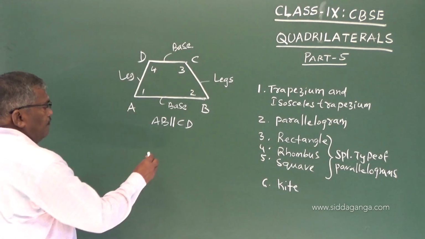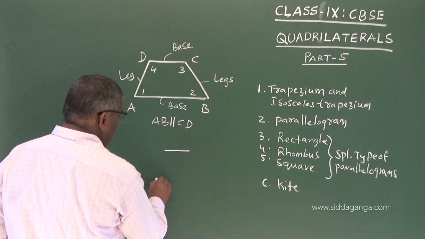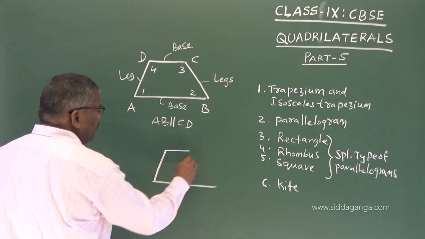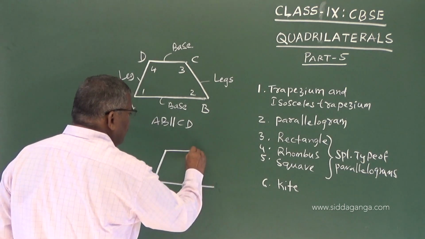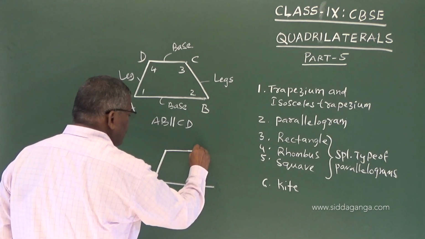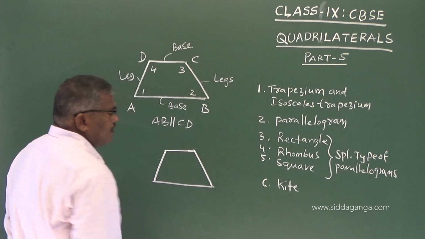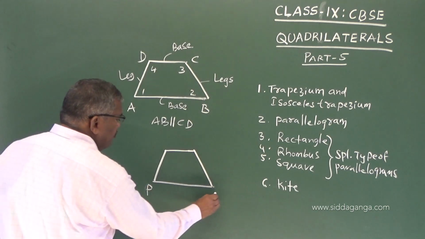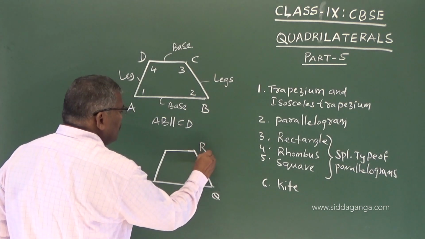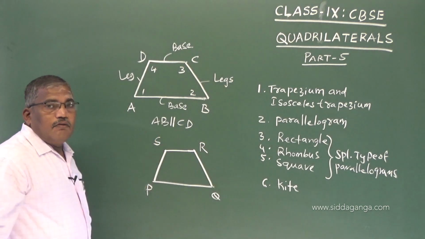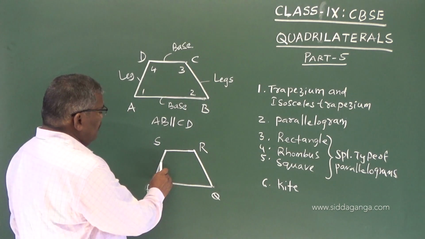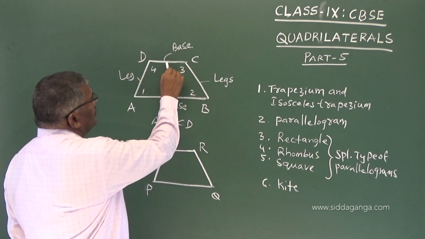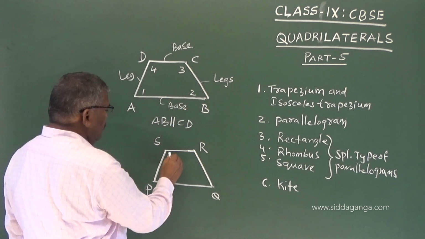And if you remember the properties of an isosceles trapezium, the only difference between an isosceles trapezium and a normal trapezium is this. Here, if we call this PQRS, the non-parallel sides, that is legs, are equal.